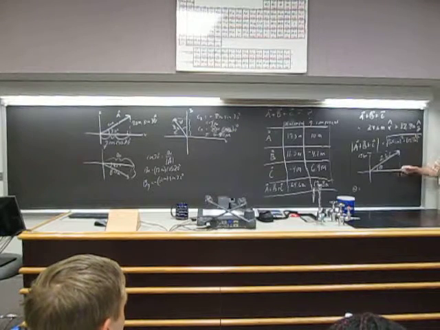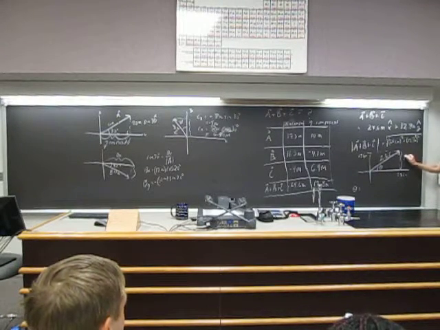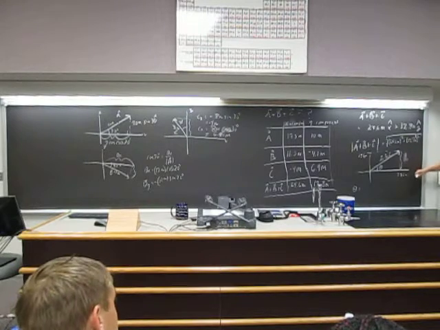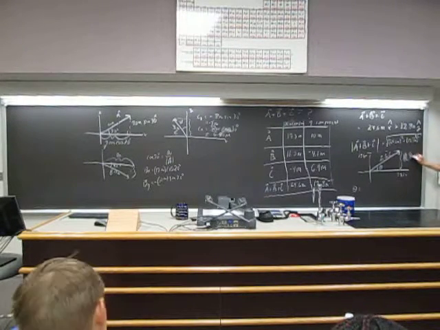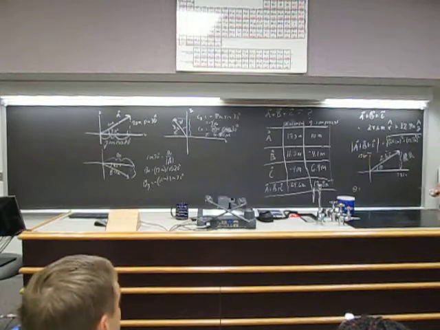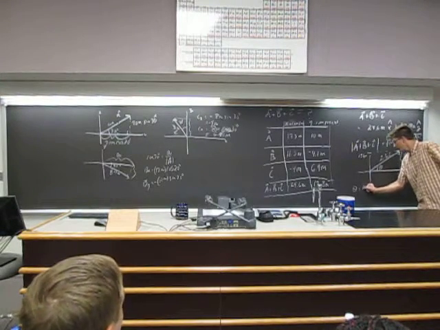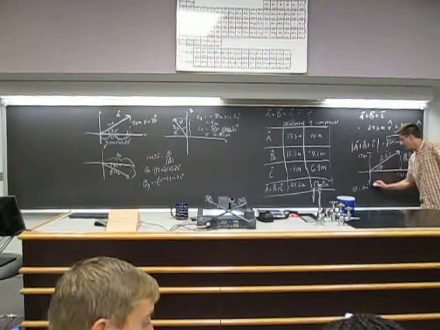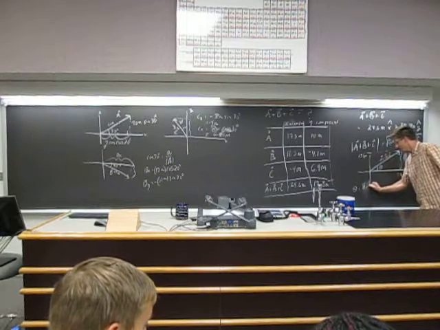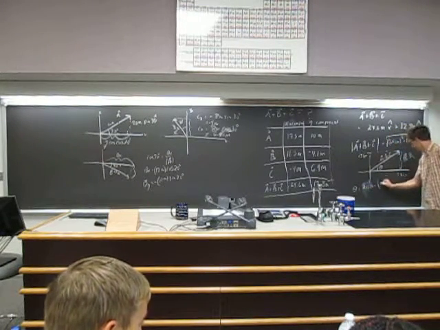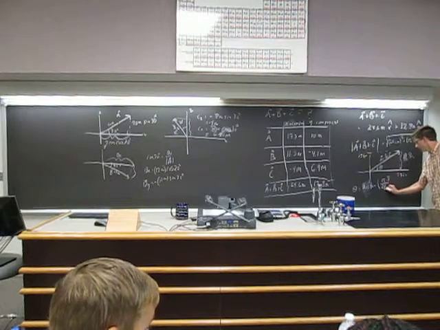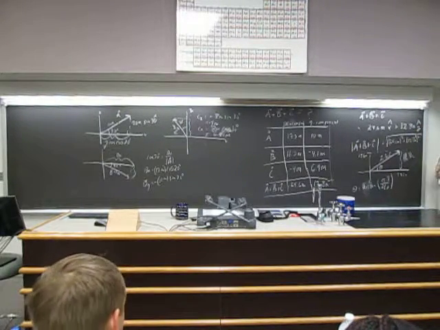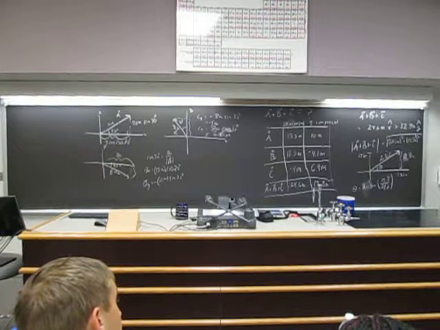So this side has a length, whatever the y component is, 12.8 meters. This side 24.6. Theta would be inverse tangent, or arctangent, of 12.8 over 24.6. And what would that become?